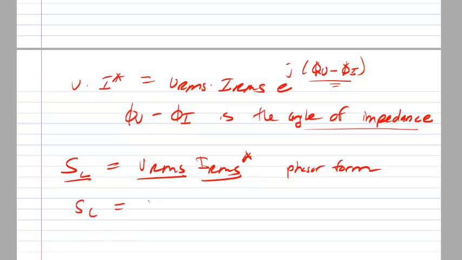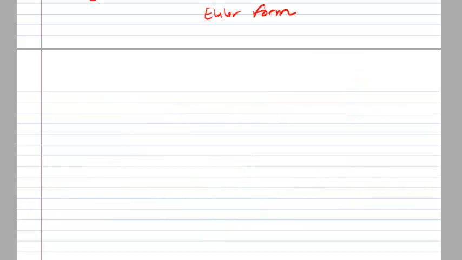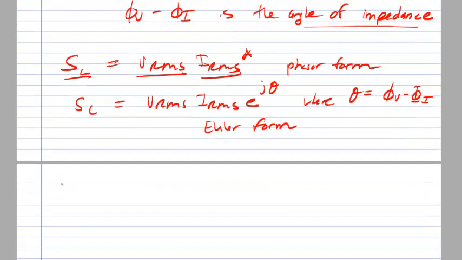SL is VRMS IRMS e to the j theta, where theta is the phase difference, so that's the angle of impedance. This is Euler form.